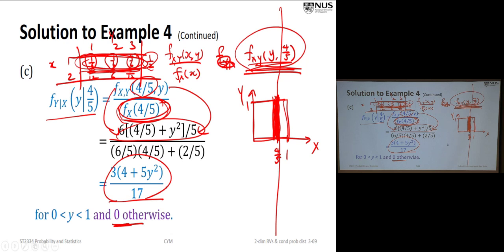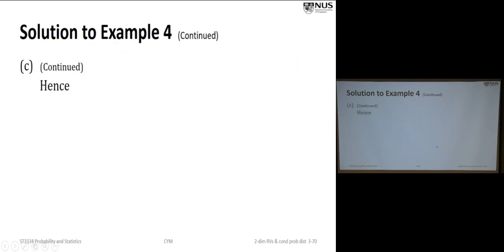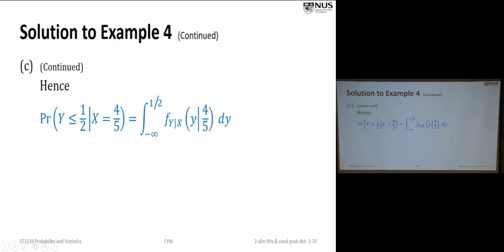Okay, so then we compute the probability of y less than half. So we integrate from minus infinity up to half of the conditional distribution. Remember, only one random variable, y, so I integrate with respect to y.